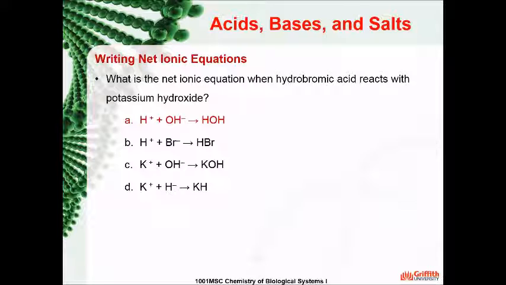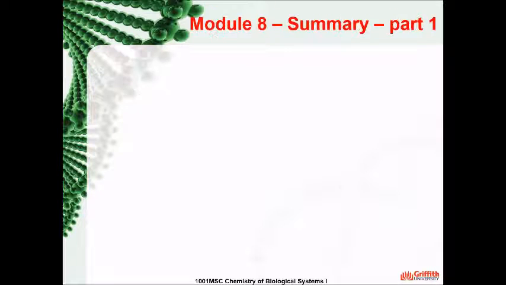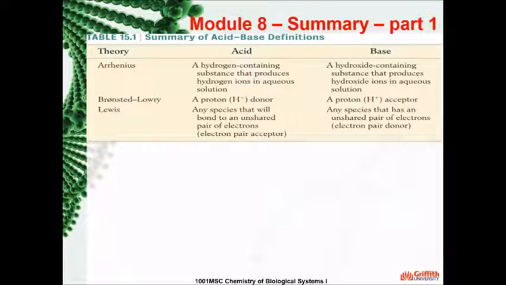In the next two slides, we will review the key concepts that we covered in Part 1 and 2 of this module. In Part 1 of Module 8, we introduced the different definitions for acids and bases. Arrhenius defines acids as substances that increase proton concentration in the solution. Bases are substances that increase the hydroxide ion concentration.